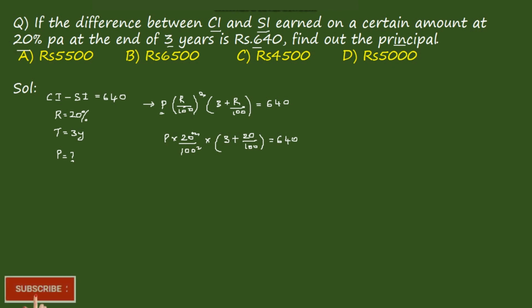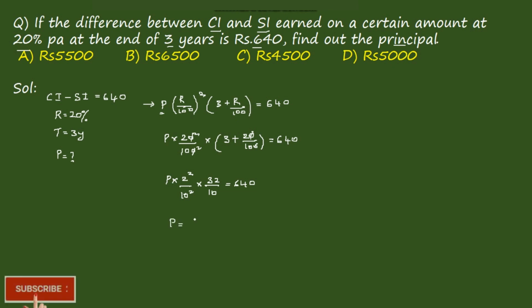Squares are the same, so we can cancel a 0 here, and these two zeros also get cancelled. We get P into 2 square by 10 square into, taking the LCM, 32 by 10, is equal to 640. So the P value we have to find out.